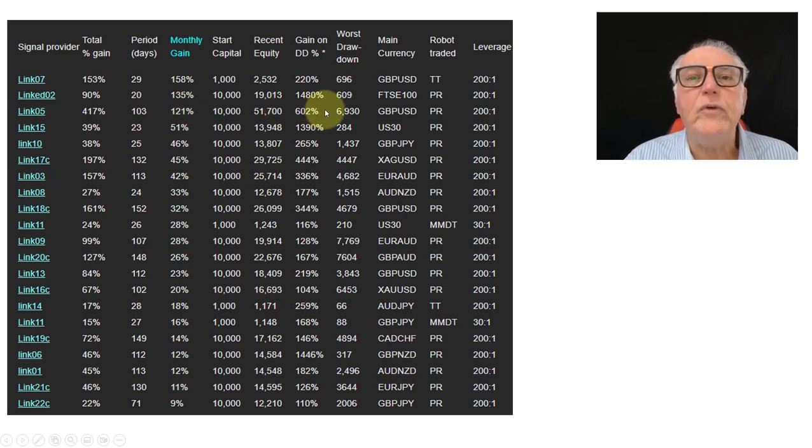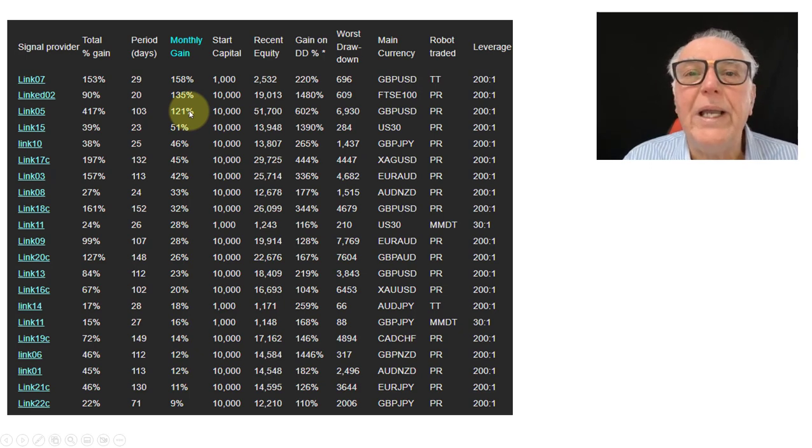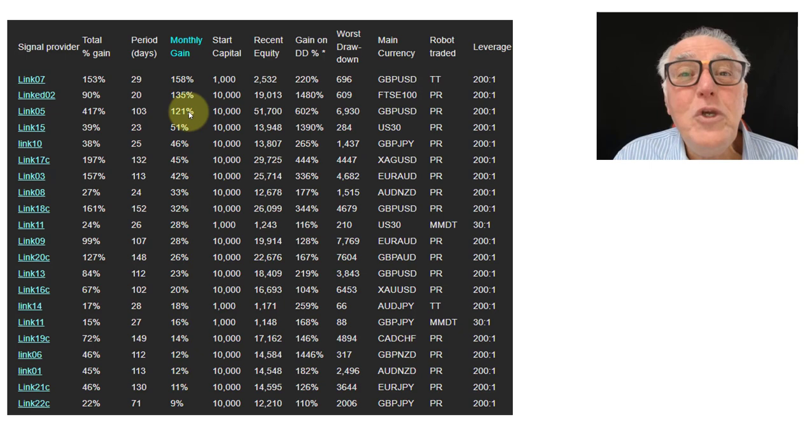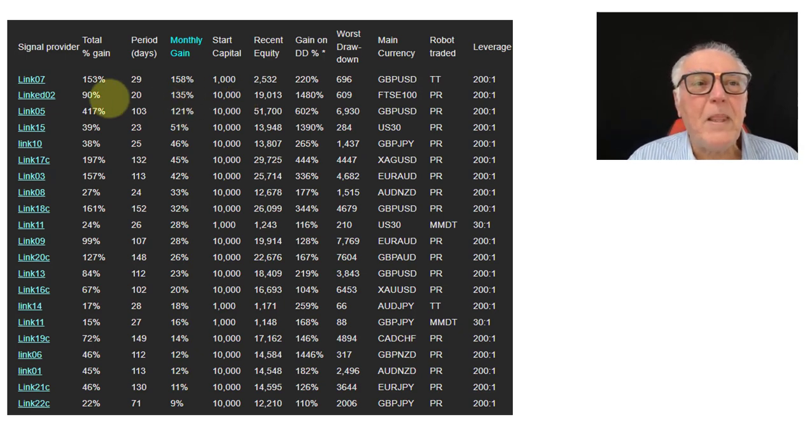So what I'm going to do is I'm going to increase my account. I might make it 20,000. Now what that would do, it will again drop your gains down to 60%, but 60% is still a huge gain on a monthly basis. So that's an example of using the account size to manage risk.